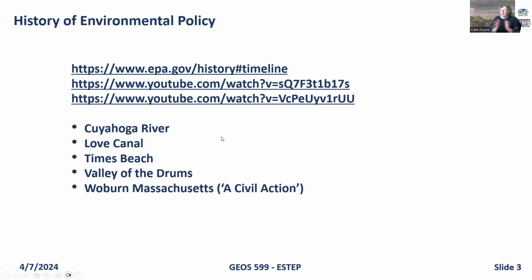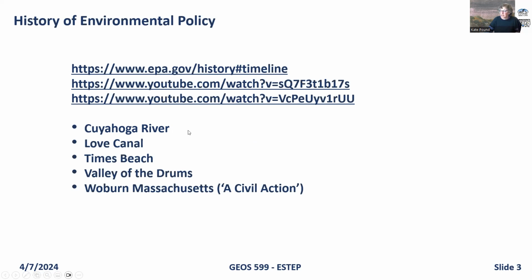So the history of environmental policy is fascinating. The EPA has a really good timeline, and there are a couple of excellent video links here. But essentially, this is where we come back to the Burning River beer.